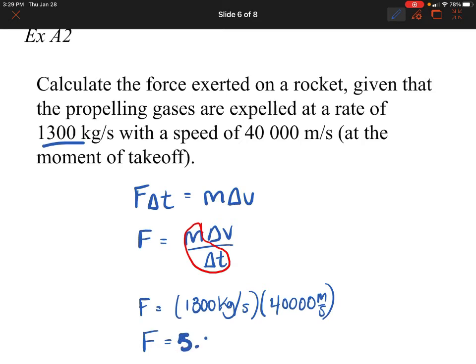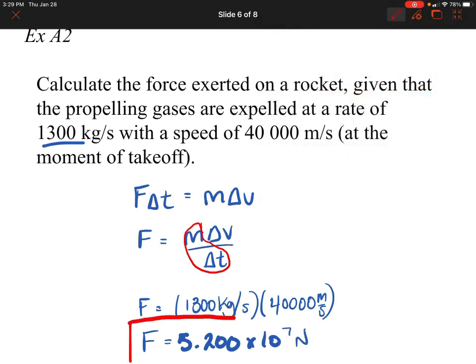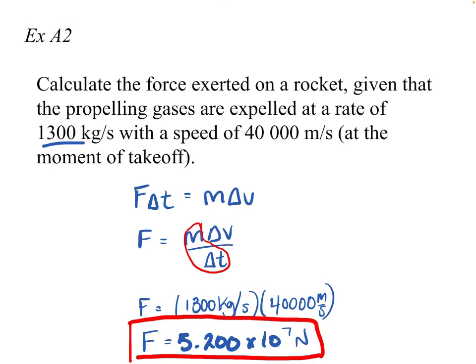So in this case, that will be 5.200 times 10 to the 7 newtons, because I only want 4 significant digits, and so therefore need to write it in scientific notation. And there we go. If you're looking for force in this unit, you're more than likely looking at impulse equaling change in momentum.